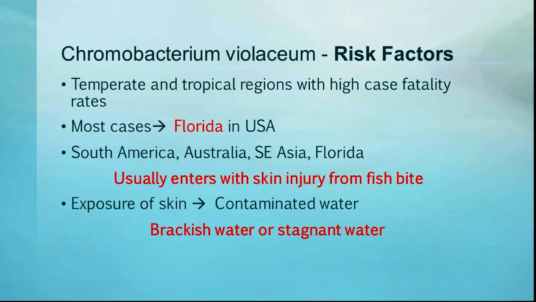For the risk factors, most cases are seen in Florida in the United States, but it's all over. There are case reports of this particular bacteria in South America, Australia, and Southeast Asia, and it usually enters with skin injury from a fish bite.